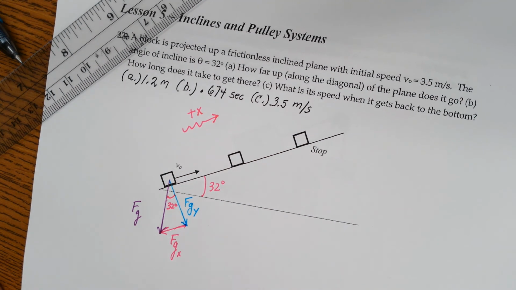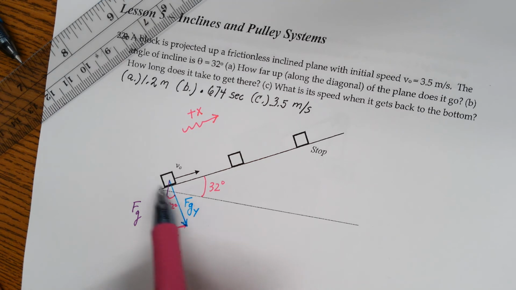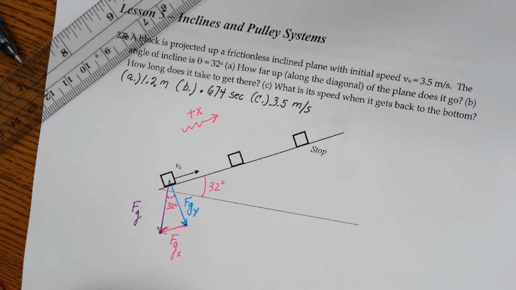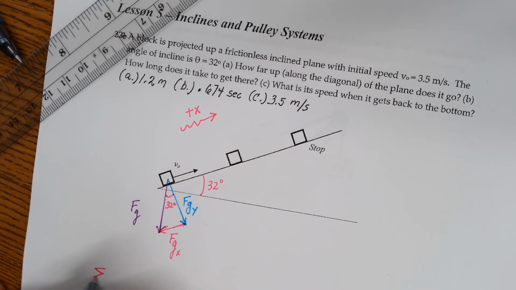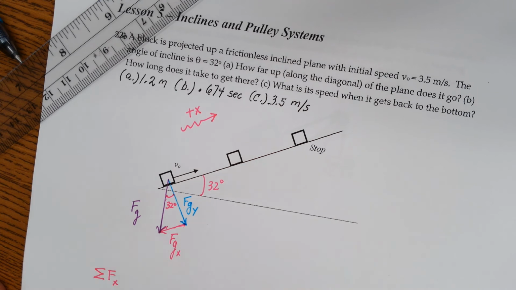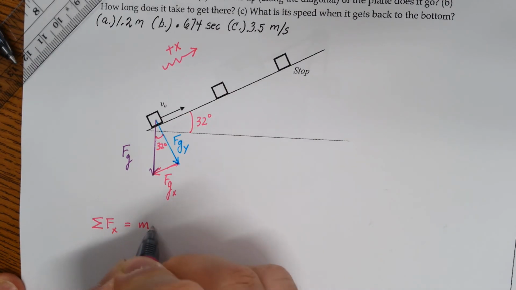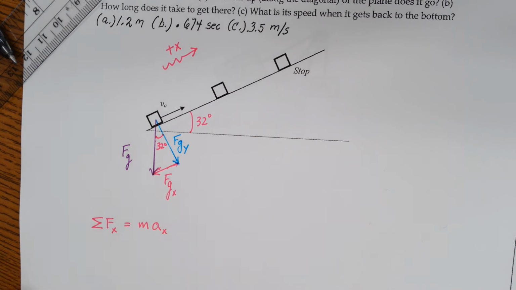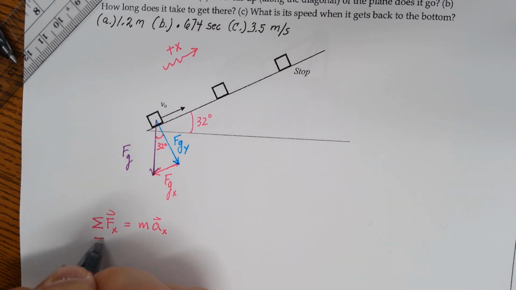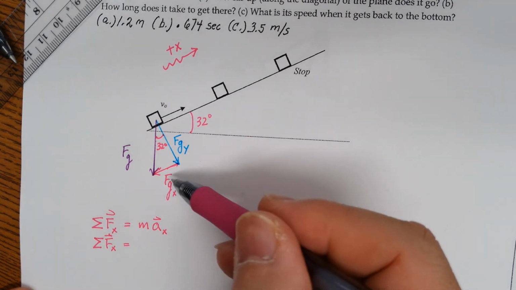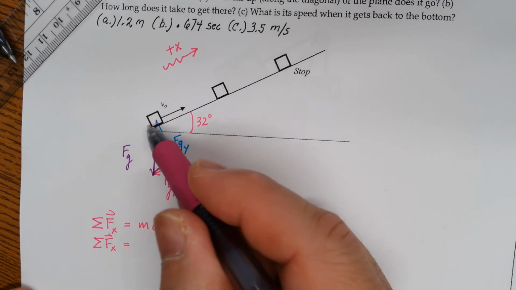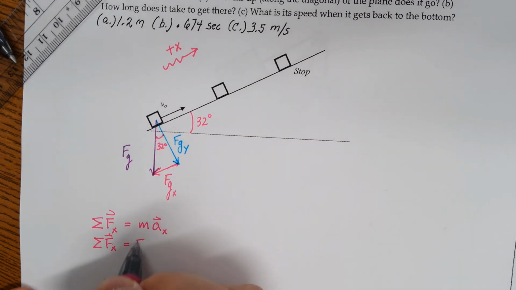So let's think about finding the acceleration that's acting on this block. So sum of all forces in the x direction is equal to max. And sum of all forces in the x direction, there's only one force acting on this in the x direction, and that is the FGX.